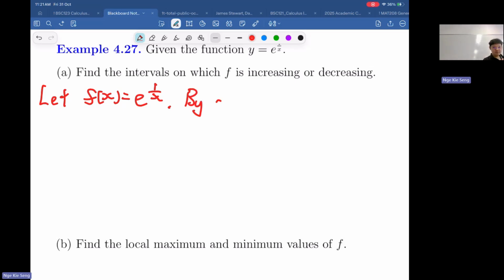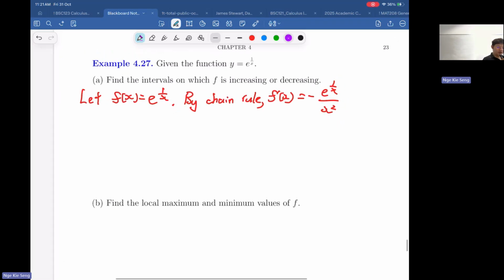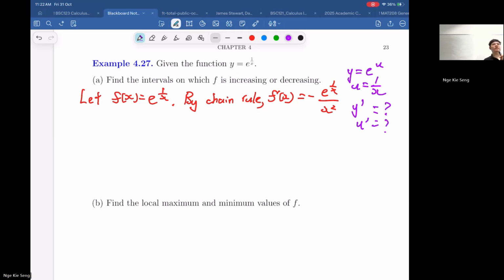By chain rule, f prime x equals negative e to the 1 over x over x squared. If you're not sure how you get this, write down what your y is and what your u is, then take the derivatives and multiply together.